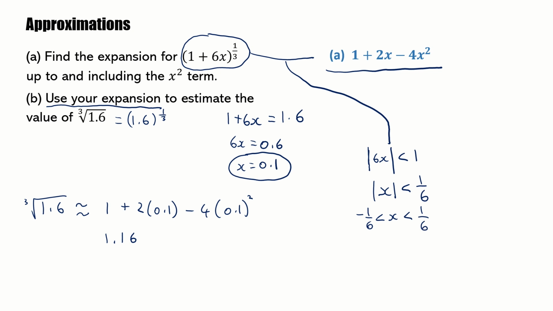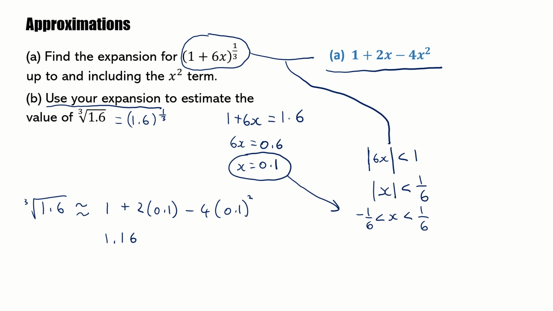That's important because it means we're only allowed to plug in x values in that interval into our binomial expansion and have it come out with a number that makes any sort of logical sense. Luckily, that worked for our question here, because x equals 0.1 is in that interval, since 1/6 is roughly 0.1666. That's why we were allowed to plug in x equals 0.1, and that's why it will find an estimation that's vaguely correct.